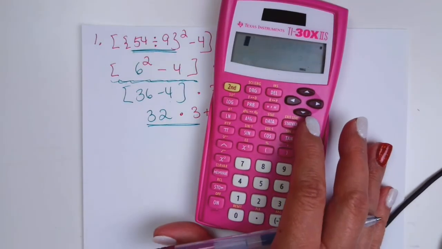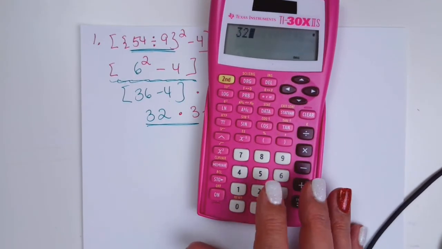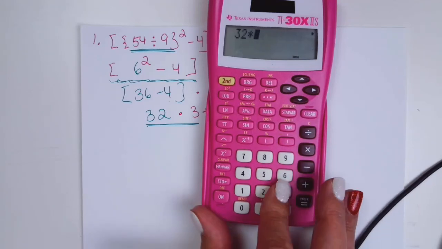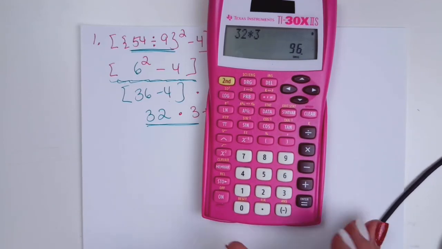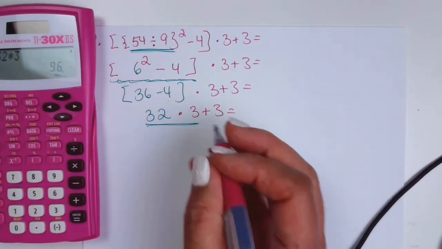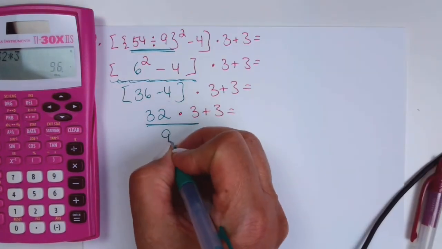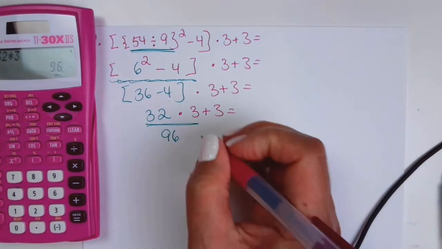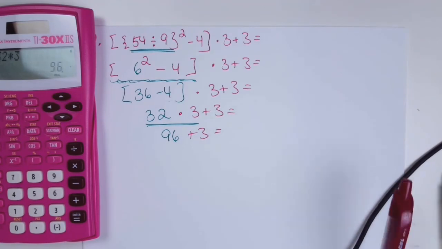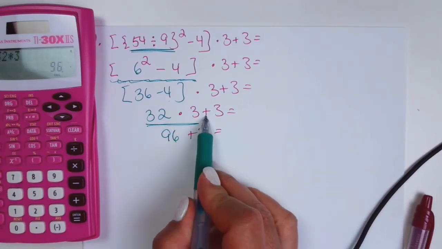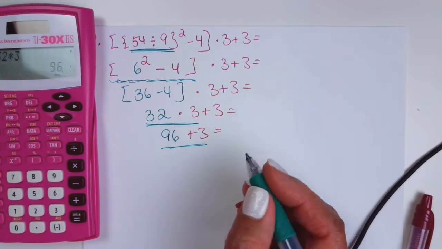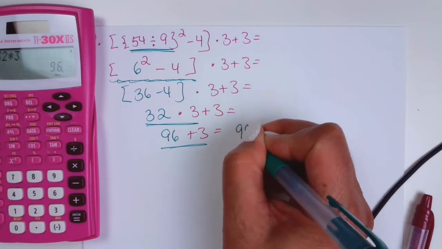So let's take the calculator. We don't want to make mistakes trying to do all this in our head. 32 times 3 equals 96. Plus 3. So multiplication first and then addition. Now we're going to do that addition and we get 99 as our answer.